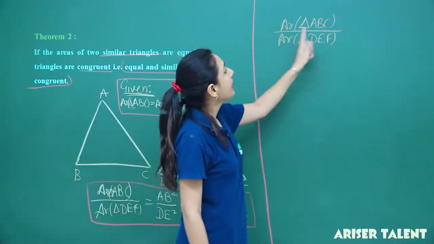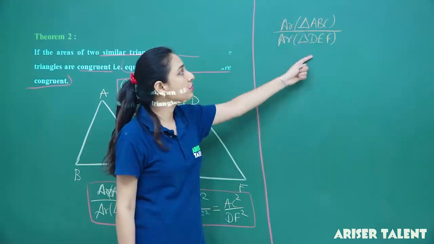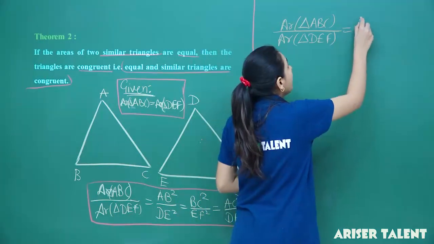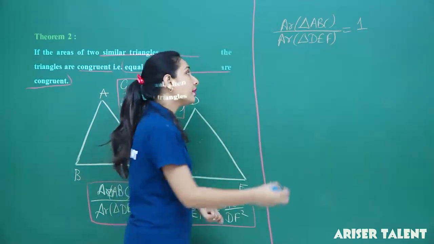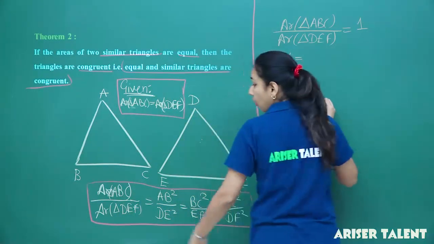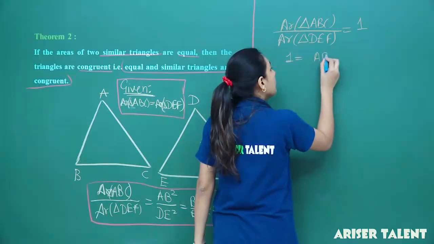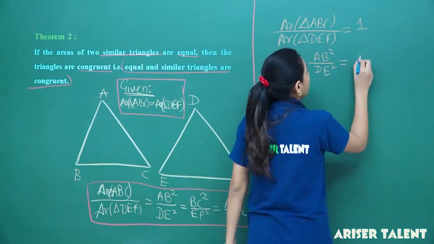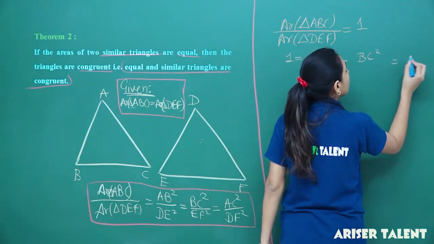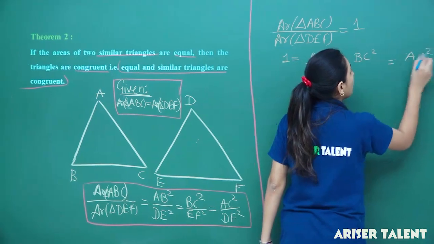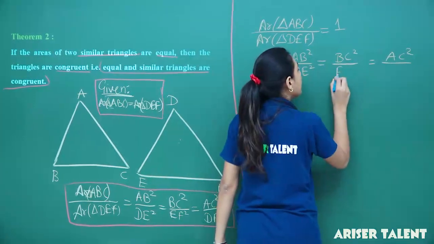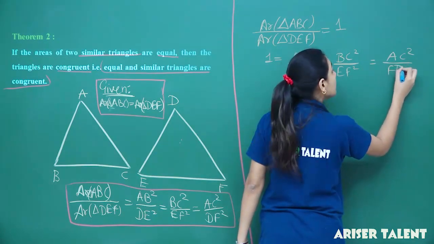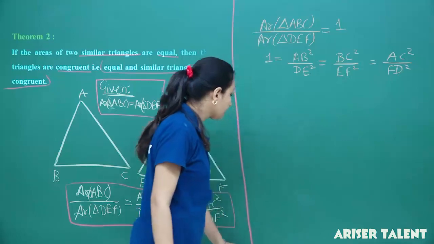Now, if area of this equals area of this, then dividing by the same thing is equal to what? 1. So, I can simply write 1 here. So, 1 equals all these proportions: AB square by DE square, BC square by EF square, and AC square divided by FD square.